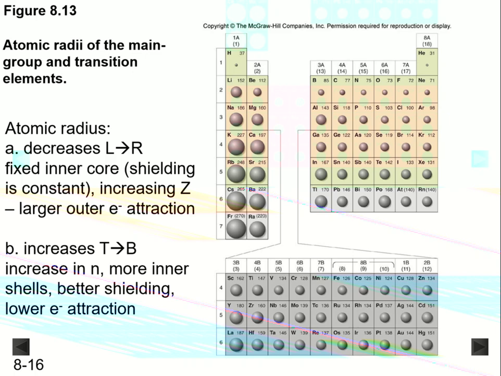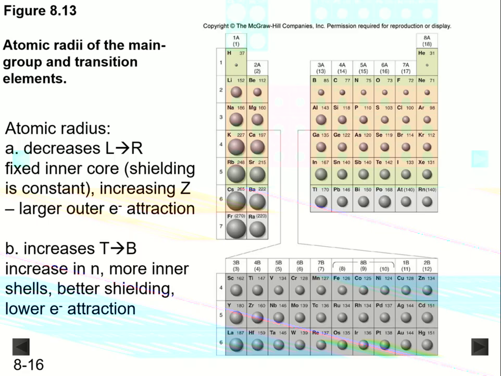If we go to group 2, beryllium, magnesium, calcium, strontium, barium, and radium, the atoms get bigger going down. Group 3, group 4, group 5, we see all these trends, and they behave quite well. Now let's take row 2 of the periodic table.